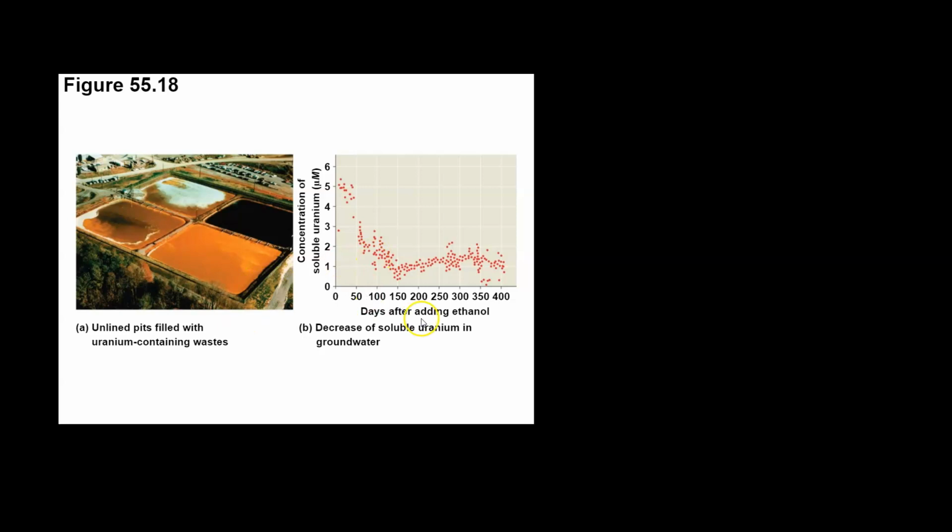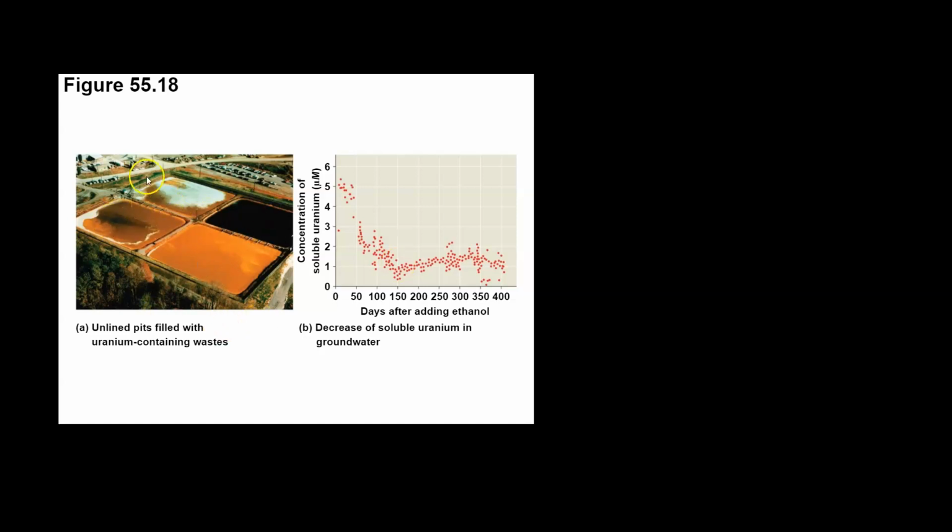This is an example from Campbell's textbook where they actually did a test with these uranium-filled pits. What was already present was this Shewanella oneidensis bacteria, which is able to convert uranium and nitrogen into an insoluble form.